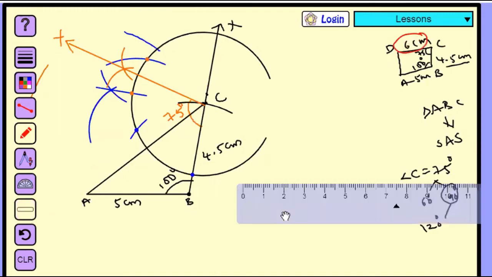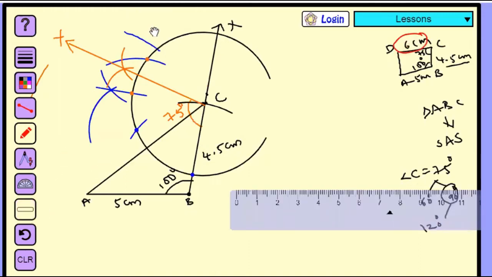So now you should take the ruler and set the compass radius to 6 centimeters with the help of the ruler.